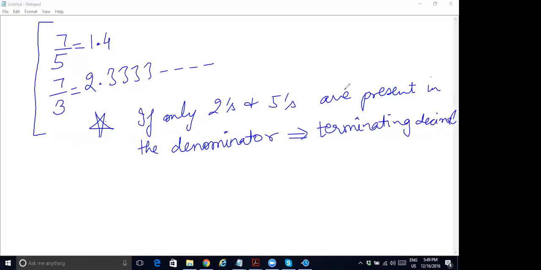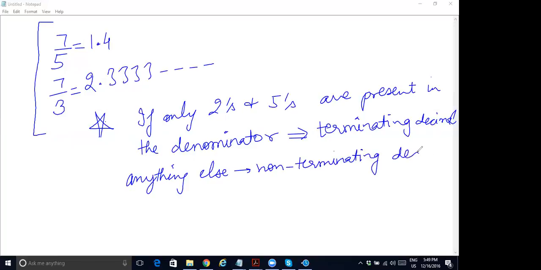For every other number, it has to be a non-terminating decimal. Make sense? Yes. Okay.